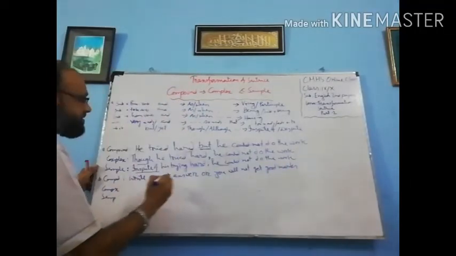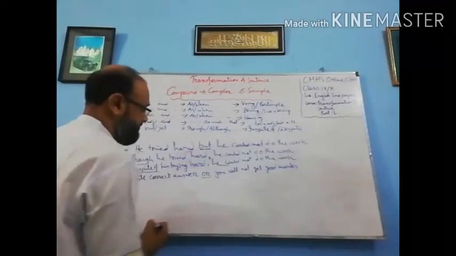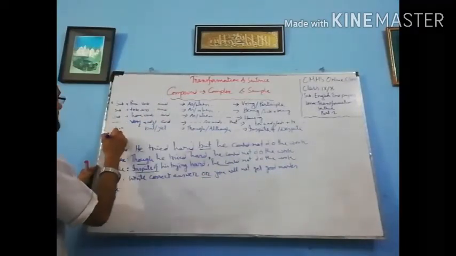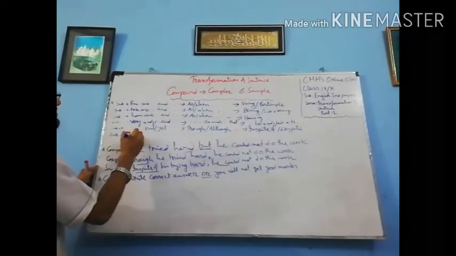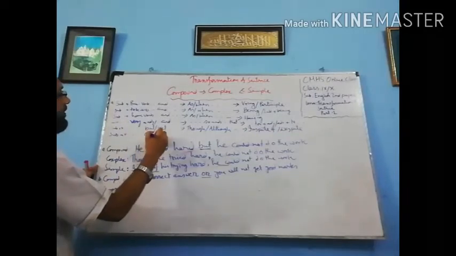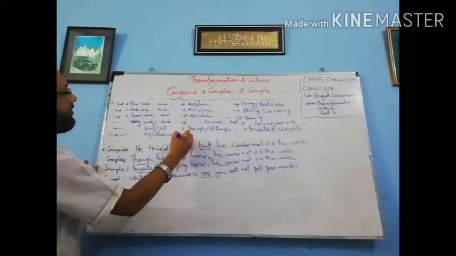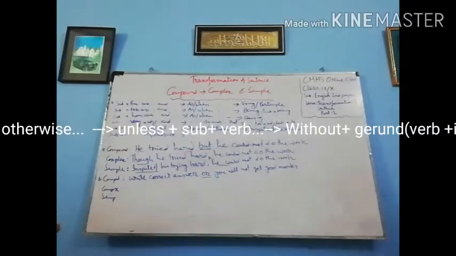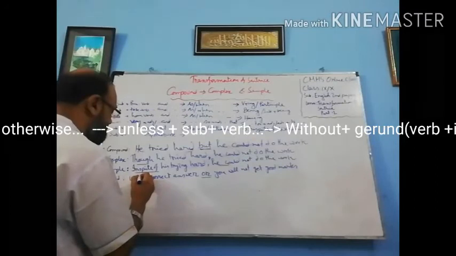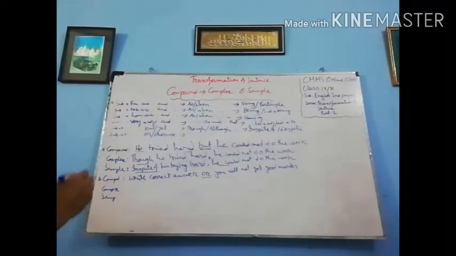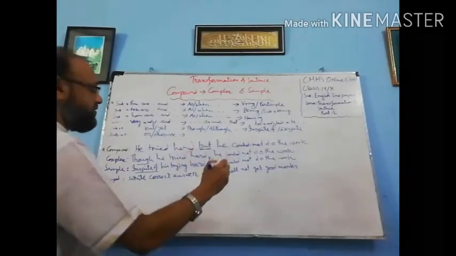This is a compound sentence using or. So there is another type of sentence, subject plus verb, or we can get otherwise. Or অথবা otherwise যুক্ত কোনো sentence যদি পাই, how can we make it complex one?